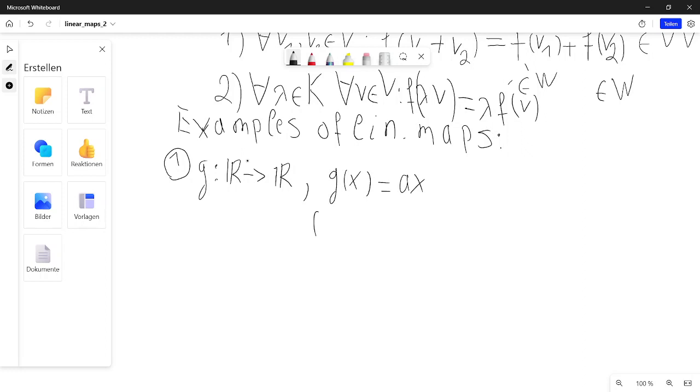By the way, this equal sign we could also write like this. That means exactly the same as here. This is the rule for the map G, how it maps an x. And we could write that this is the rule of G. So yeah, there are different possibilities.